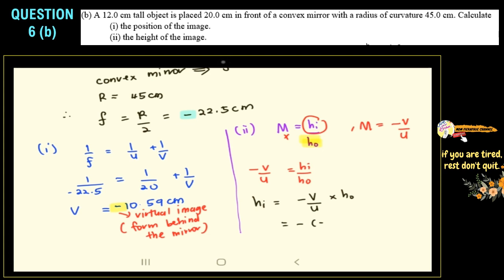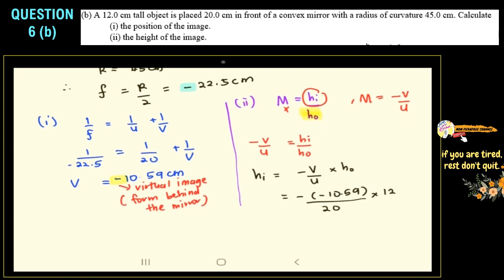We already have negative 10.59, divided by u, which is 20 cm, times the height of the object, 12 cm. Press the calculator carefully. Therefore, the height of the image is equal to 6.35 cm.